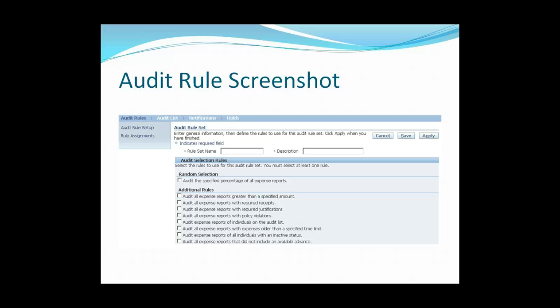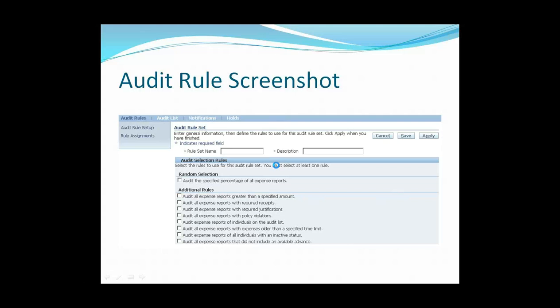Like, you can see on your screen that we have so many options. Like, if you want to randomly audit a certain percentage of expense reports which we create in our company, then we have that option, right? And apart from that, we have other options also, like auditing all the expense reports which are greater than a specified amount, or the reports which have some sort of policy violation and all, right?